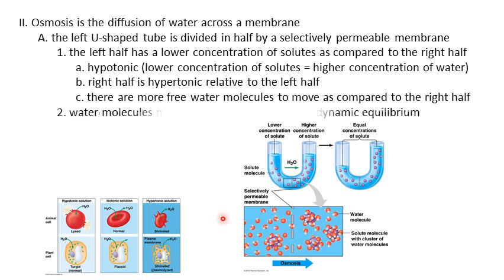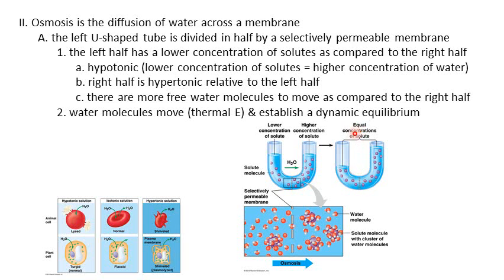Now, we've already mentioned that in time what's going to happen is that the water molecules will continue moving from left to right. There'll be some coming right to left, but the net movement will be left to right until dynamic equilibrium is established, and that's what's being shown in this right U-shaped tube. The two halves of the U-shaped tube are unequal in volume, certainly, but they're equal in tonicity.